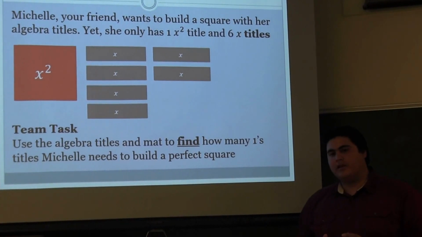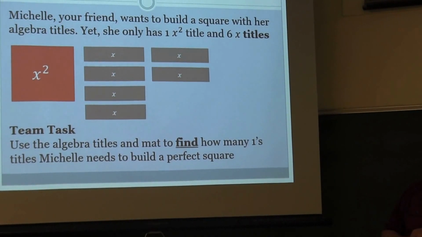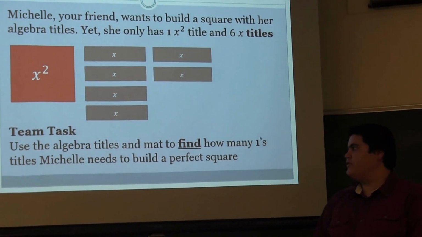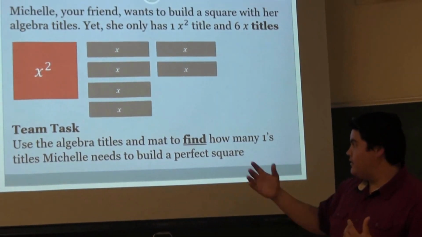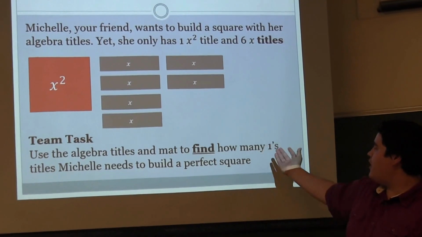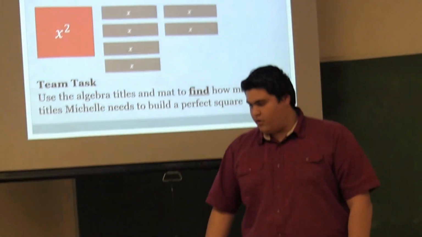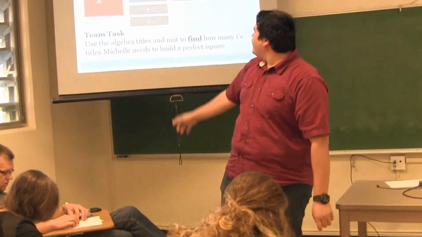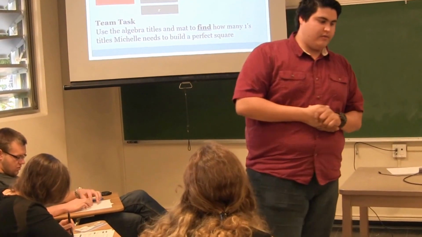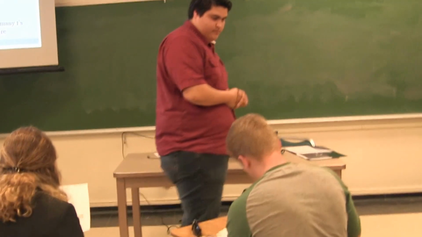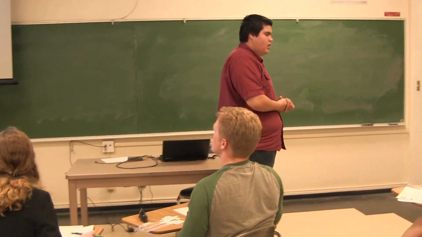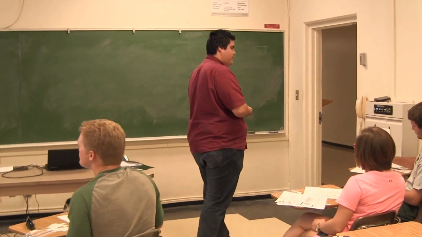We're going to use the algebra tiles and the math to find how many ones she needs to build a perfect square. So explore, you have 1 x squared and 6 x tiles. So how many ones does she need?